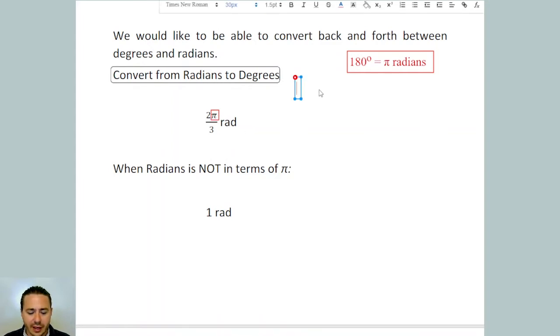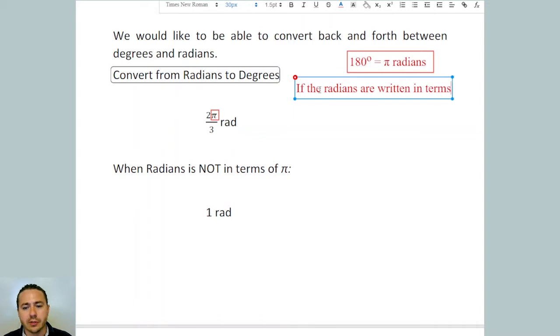So if the radians are written in terms of pi, replace pi with 180 and simplify.